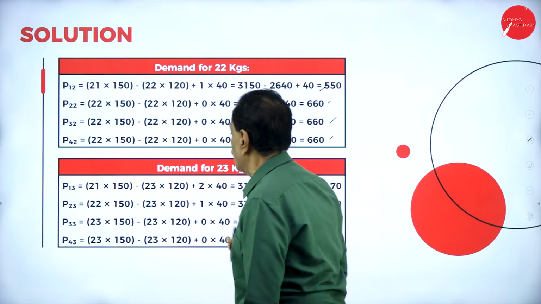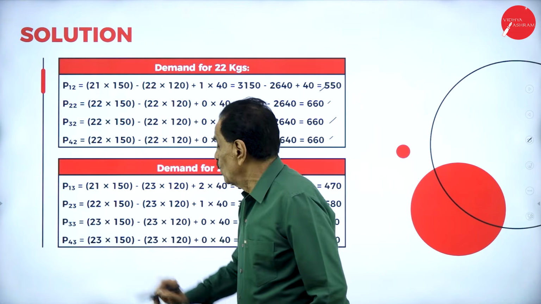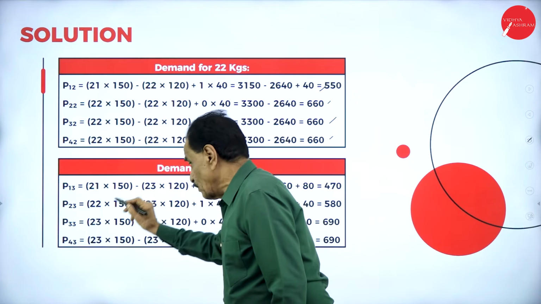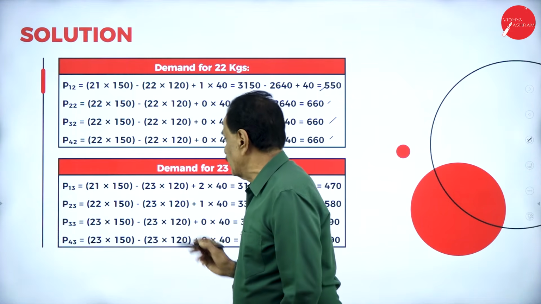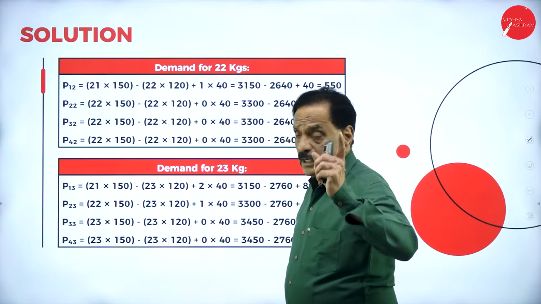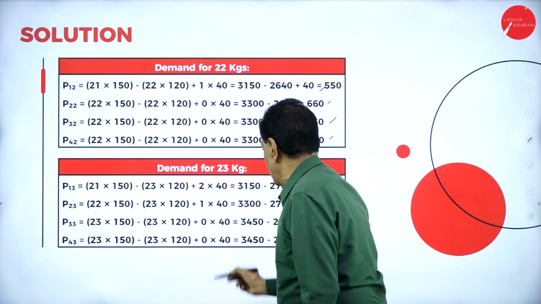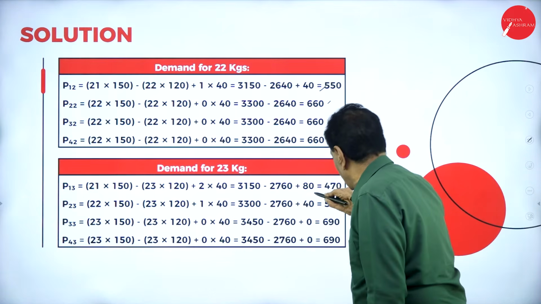When the demand goes to 23 kgs, 23 into 150 each time, less 23 into 120, plus 2 into 40, 1 into 40, 0 into 40, 0 into 40.